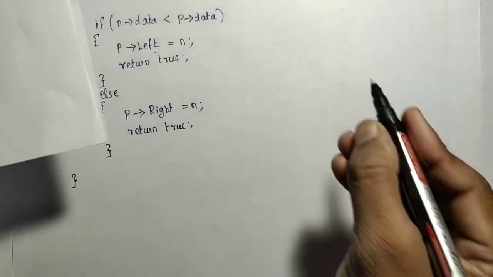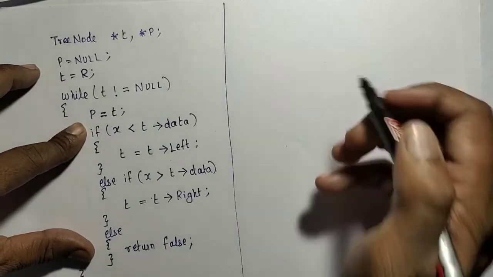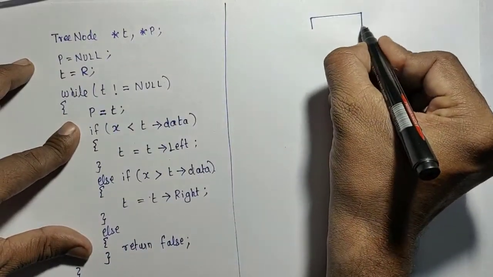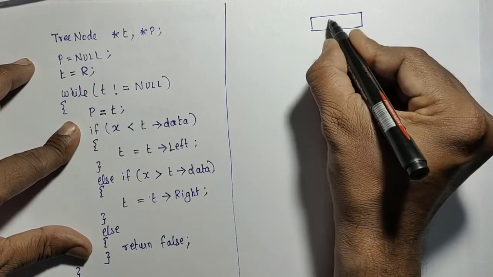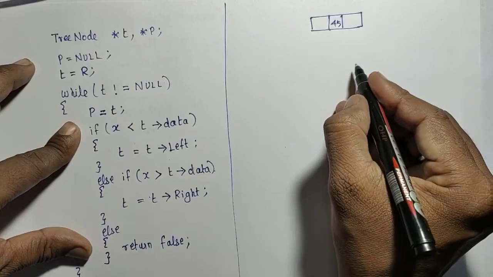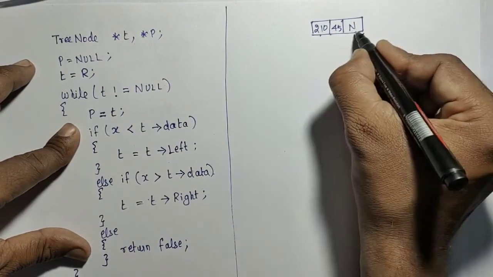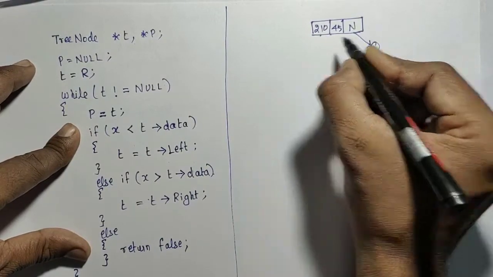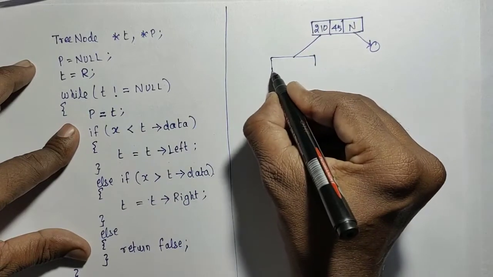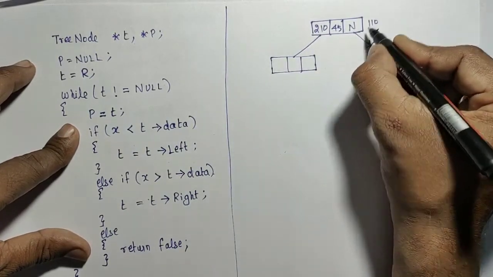So the new element will become 45, this is the root actually, 45, and then the left is 210, the right is null. Null means this node, left means this node. This is 110, this is 210.